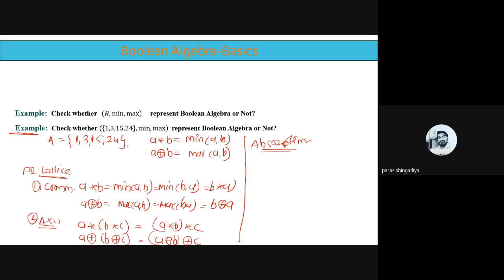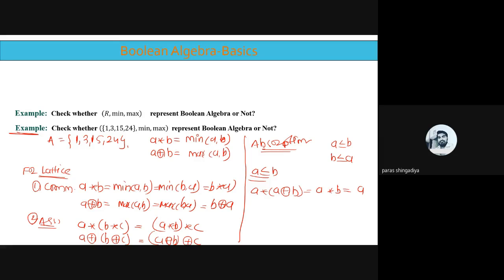In this we consider two cases: either A less than or equal to B, otherwise B less than or equal to A. For the case A less than or equal to B, the minimum of A, B is equal to A, and the maximum of A, B is equal to B. So the answer of A star B will be A, and the answer of A ring sum B will be B. So here A star A ring sum B means A star B, and that is equal to A.